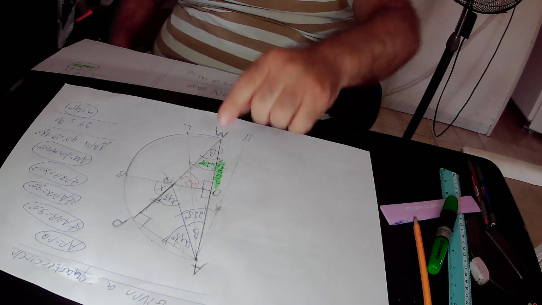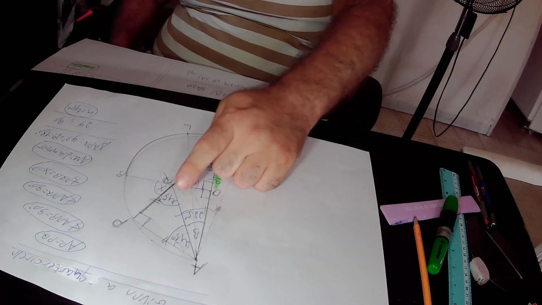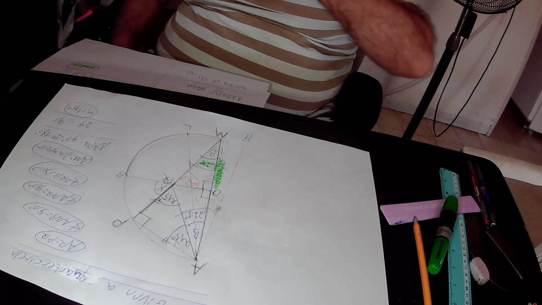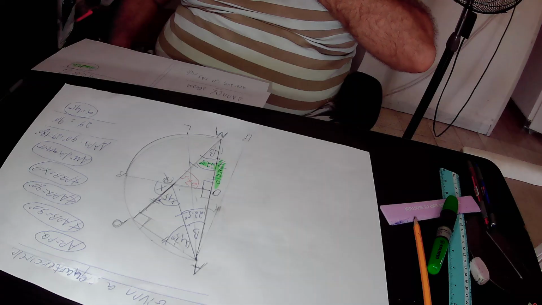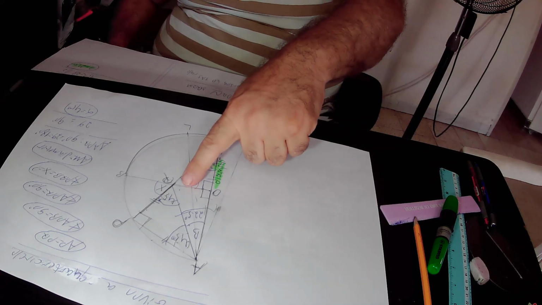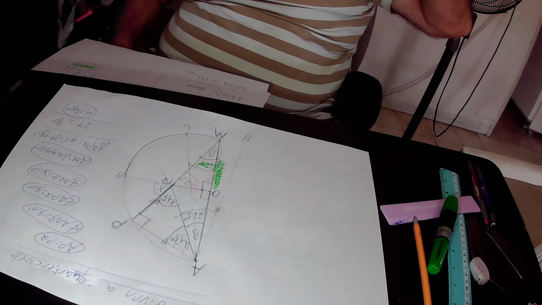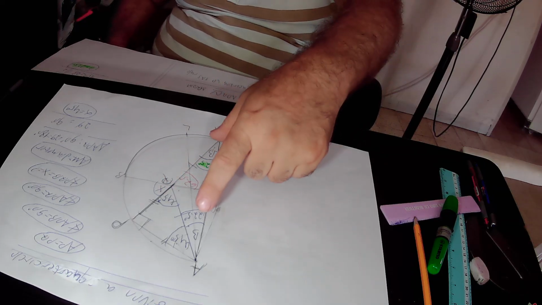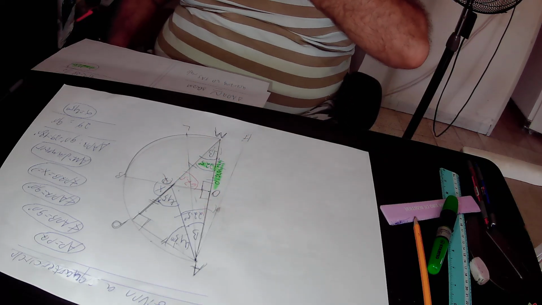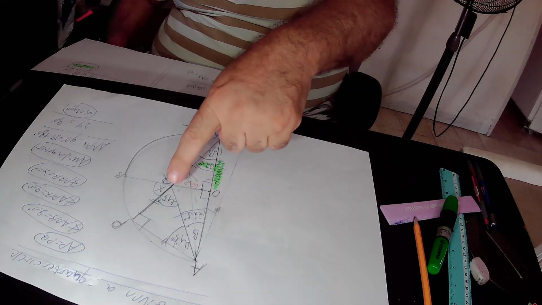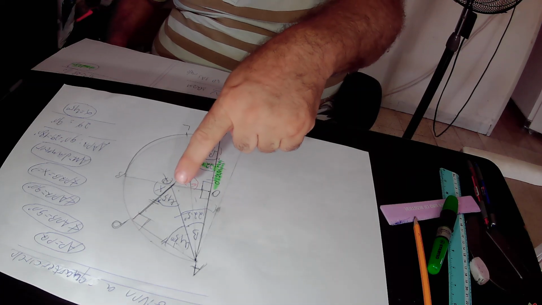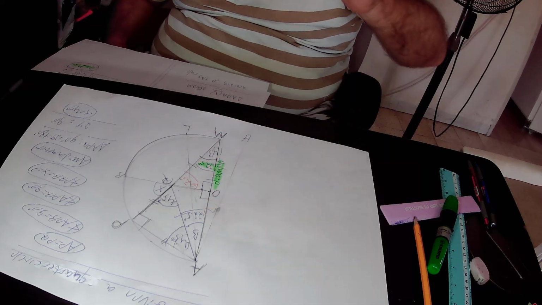So according to rule 8, the size of the exterior angle AQP equals the sum of the two interiors that are not adjacent to it. This is angle AQM that is definitely adjacent to angle AQP. The two other angles that are not adjacent to angle AQP are those two angles. Therefore, according to rule 8, the size of the exterior angle AQP is equal to beta plus beta.